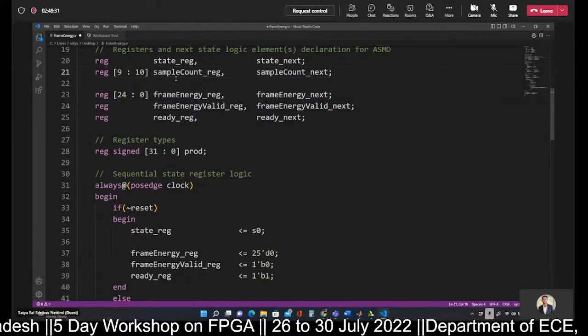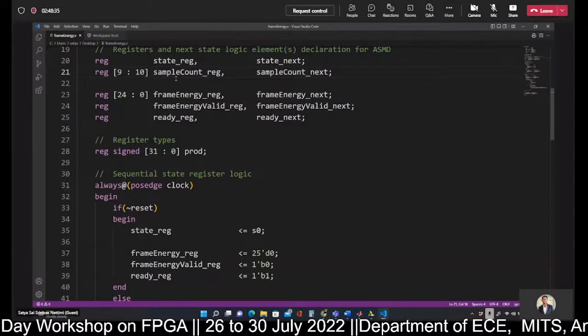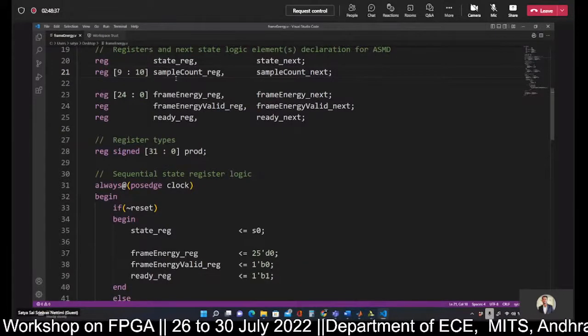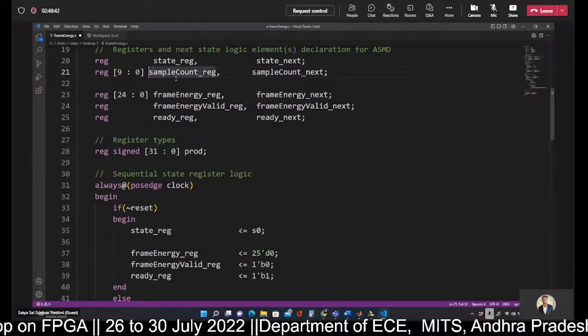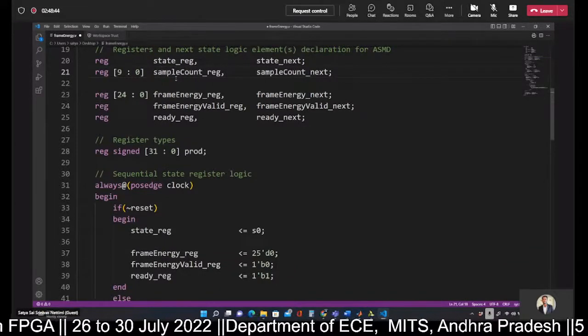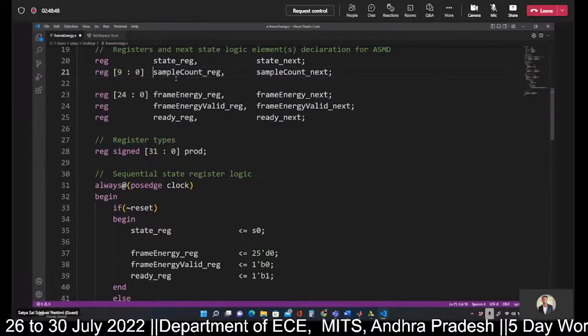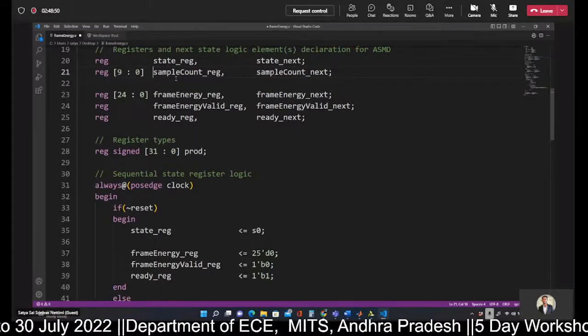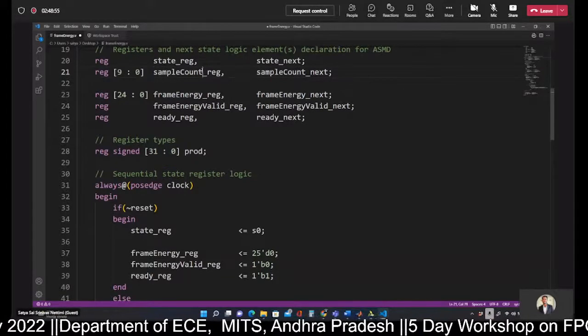Maximum frame size is 1024. To count 1024 sequences, ranging from 0 to 1023, we require 10 bits. So 2 power 10 is 1024, having a count range from 0 to 1023. To represent all those values, we require 10 bits. So that's why [9:0] sample_count_reg, sample_count_next.